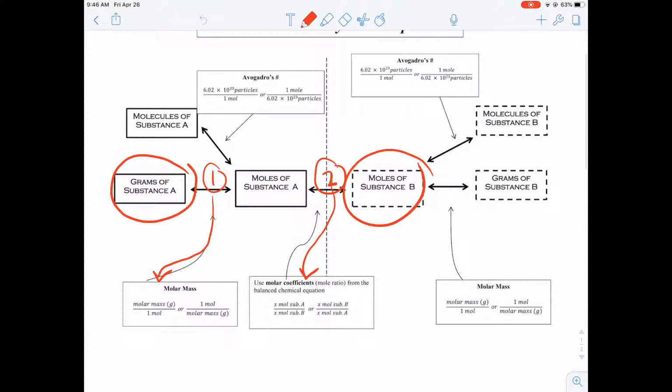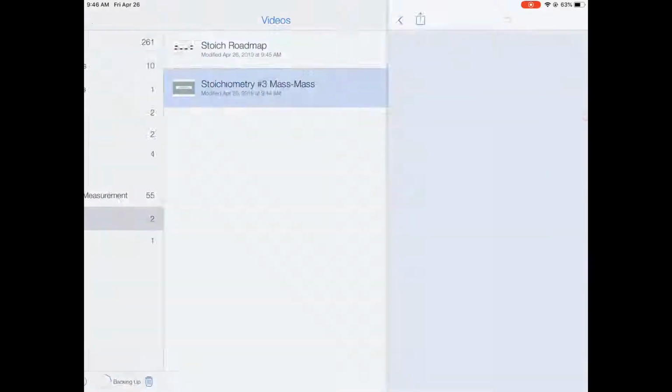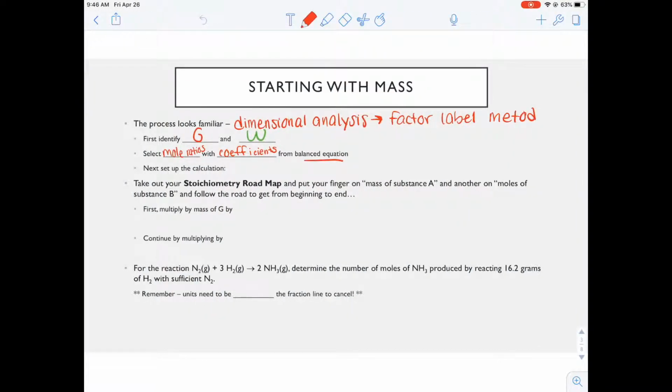So first, we need to use molar mass. First, multiply the mass of your given quantity by the molar mass.